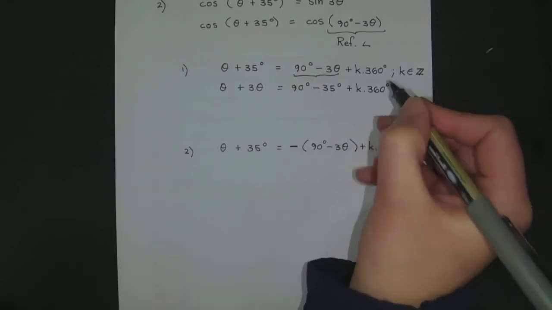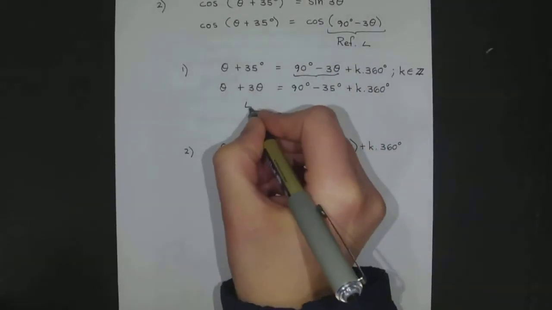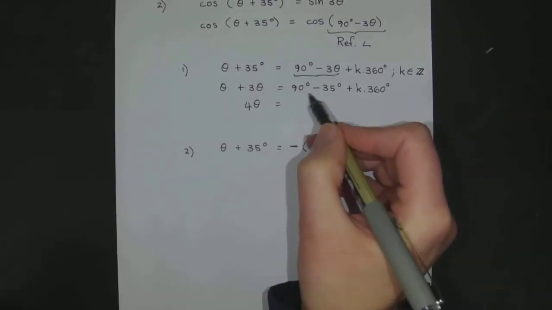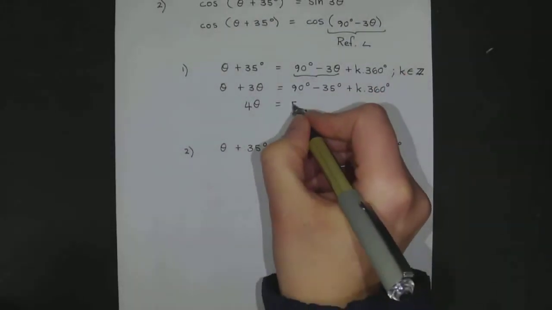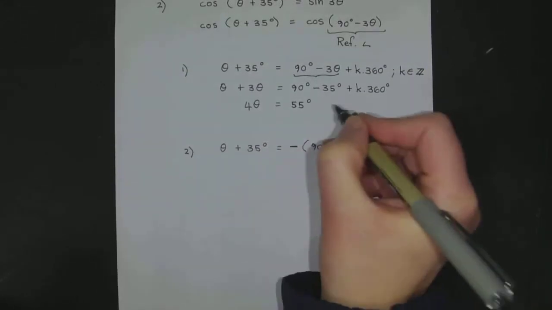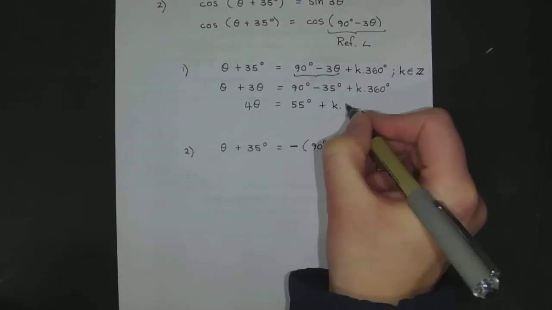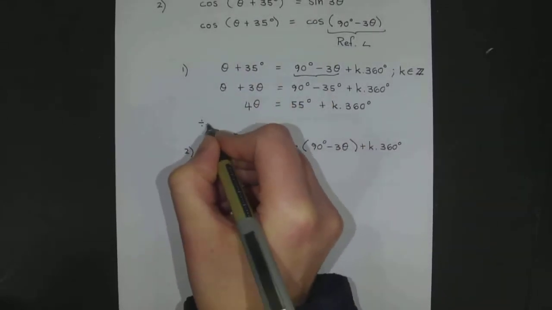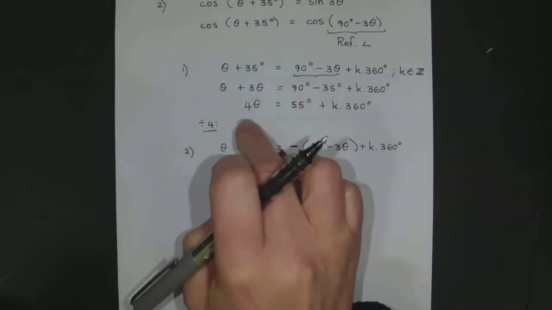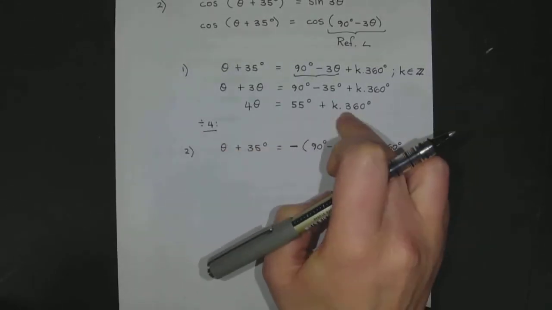So I simplify and I say theta plus 3 theta is 4 theta. 90 minus 35 is going to be equal to 55 degrees plus k times 360. And then please remember, when I divide by 4 over here, I have to divide all my terms by 4. This one, and that one.